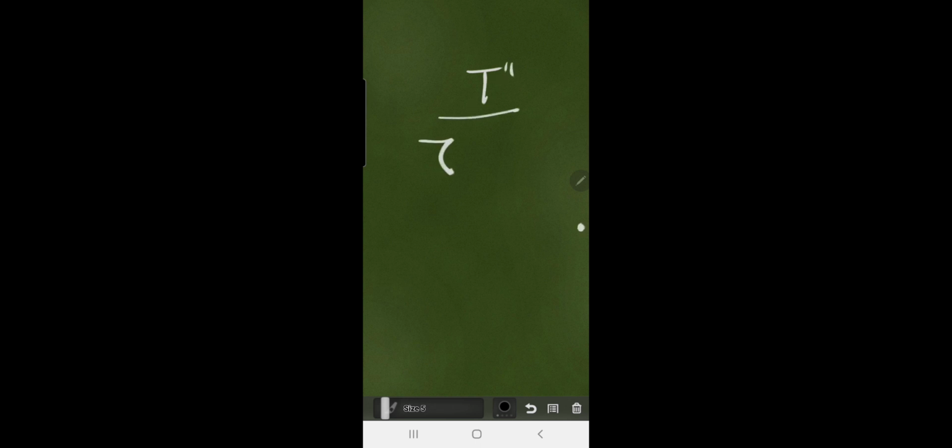Then we have te. That changes it to de. And then we have our to, which turns into do.